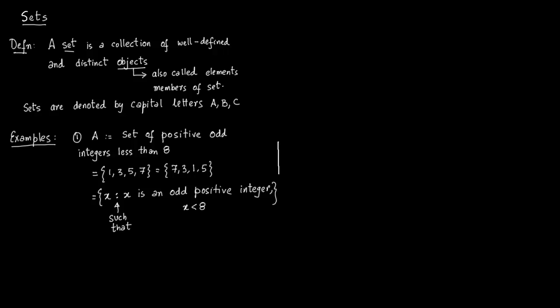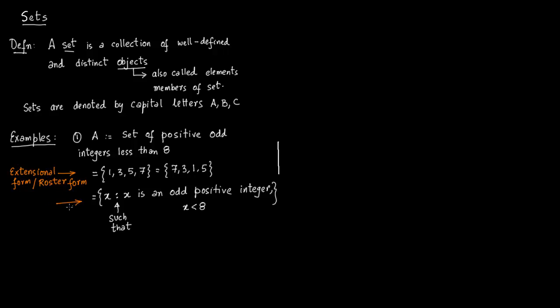The first form, {1, 3, 5, 7}, is called the extensional or the roster form of set A. You know what integers are: 0, 1, 2, 3, 4, 5, 6, 7 are less than 8, and we are choosing only odd out of them, which will be 1, 3, 5 and 7.